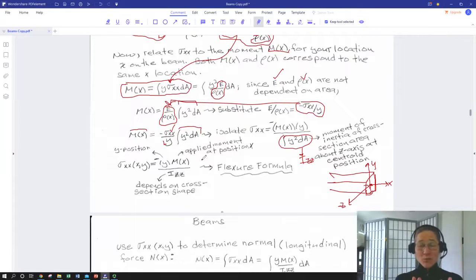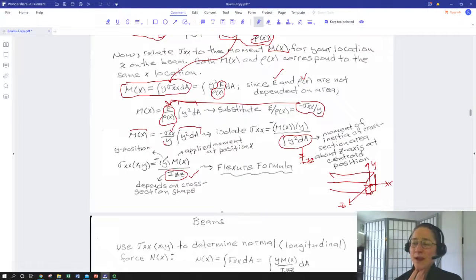So that's the internal moment that you would solve for on a shear and bending moment diagram, divided by the moment of inertia in the z direction through the centroid of the cross section. You can look that up or calculate it easily for any cross section.